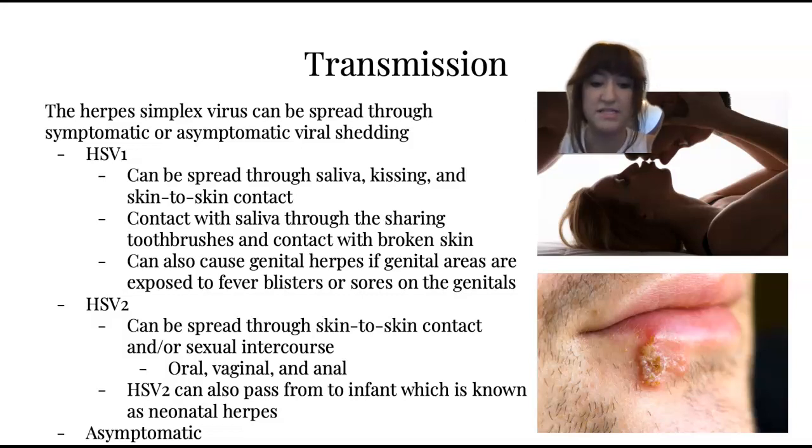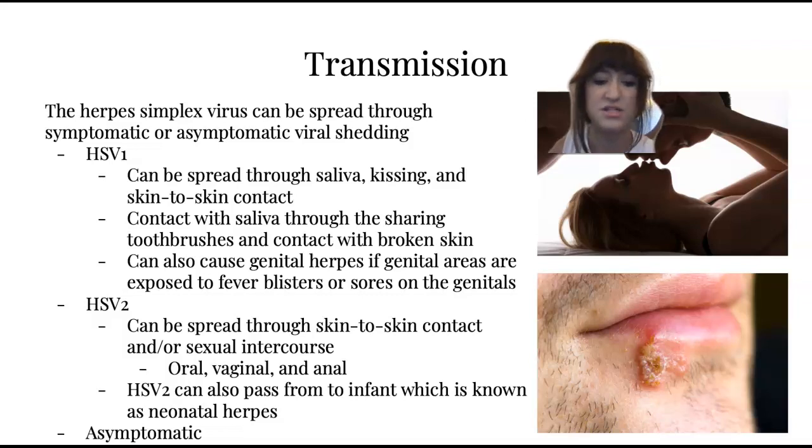through oral sex. HSV2 is spread through skin-to-skin contact or sexual intercourse of all types, such as oral, vaginal, and anal. HSV2 can also pass from mother to infant. When the baby passes through the infected birth canal and comes in contact with infected vaginal secretions during delivery is when most of the transmission happens, and this is known as neonatal herpes.